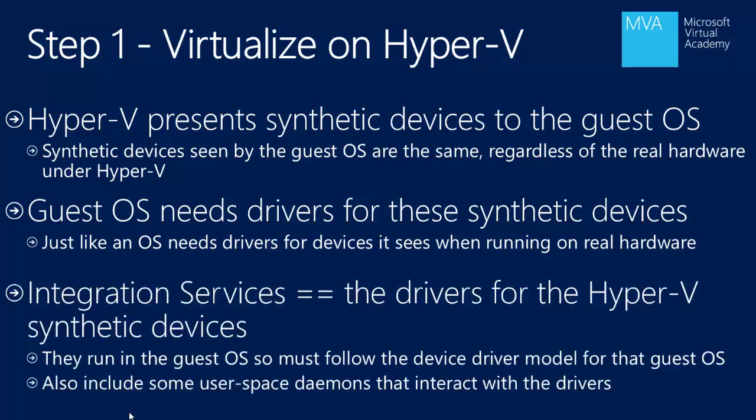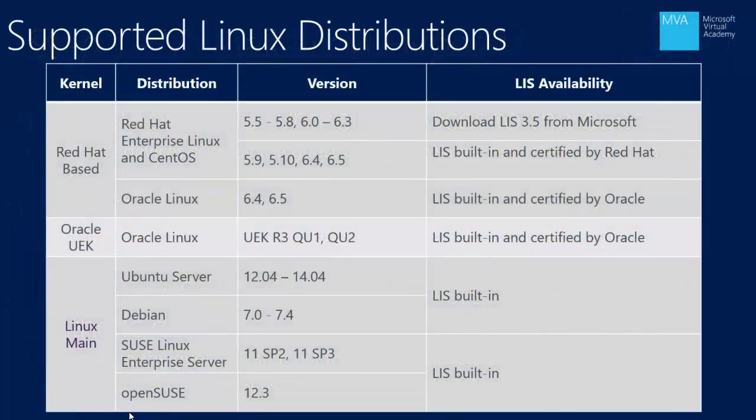And to support drivers for these devices, you need to have integration services inside this virtual machine. So for Hyper-V, we are calling this package integration services. These integration services should be installed inside the guest operating system.